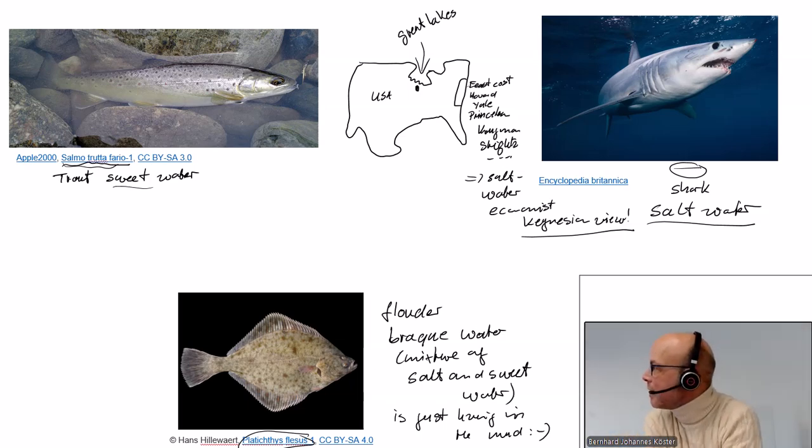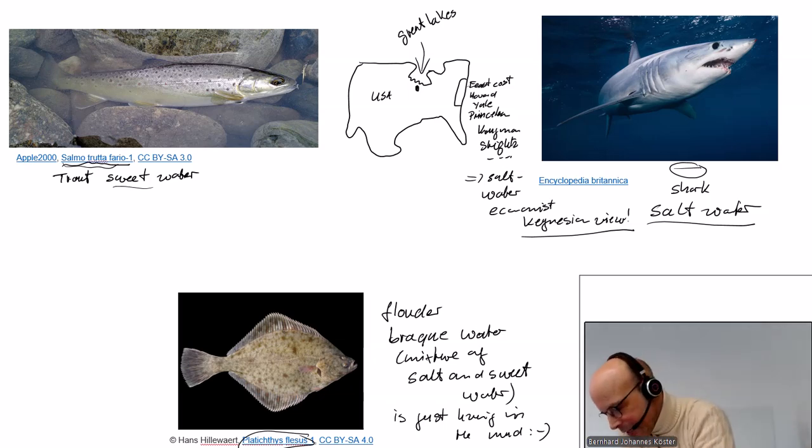what is the largest city in the US situated at the Great Lakes? Hmm? This is Chicago.